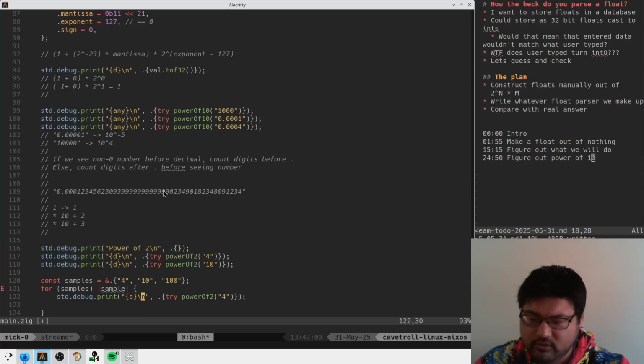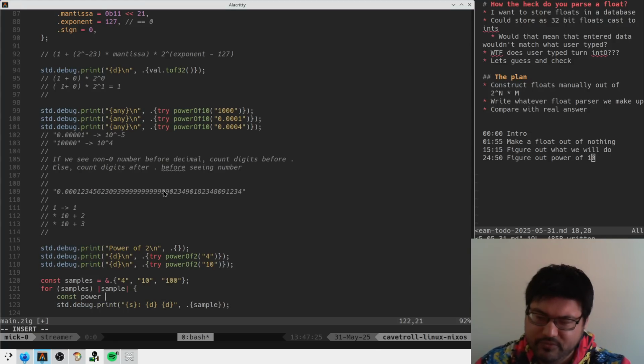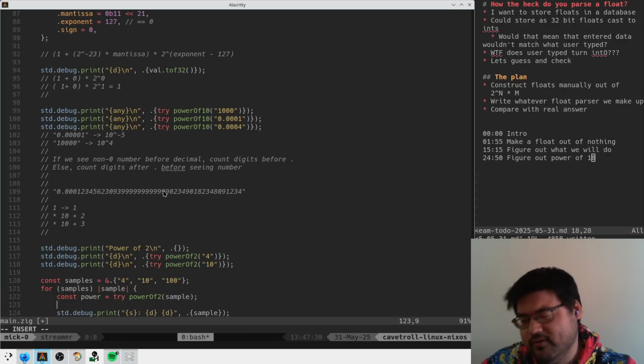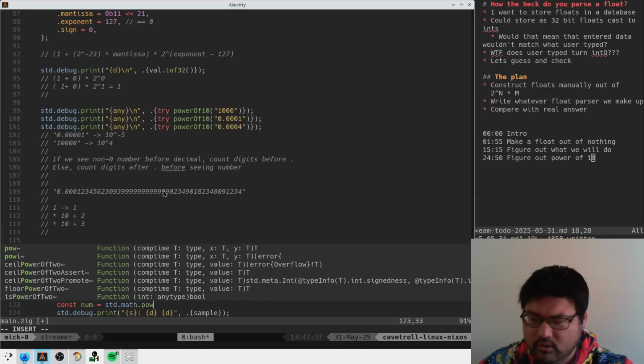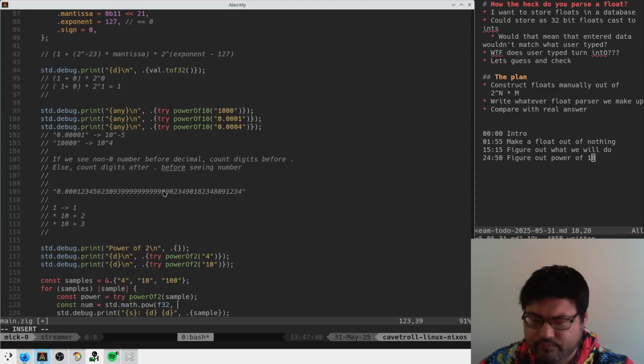We log the thing that we're trying, and then we log the power, and then back again. So power is power of 2 on the sample, and then number is pow 2 to the power.